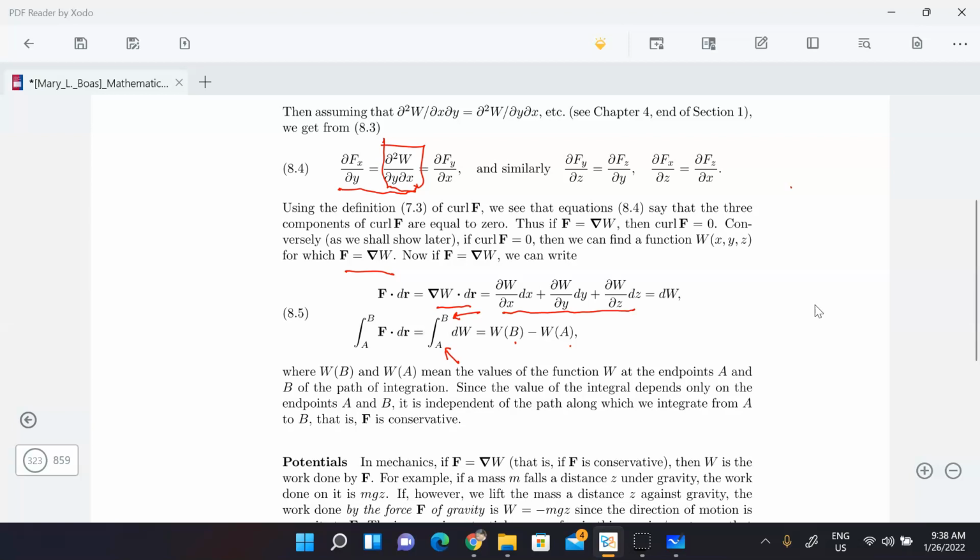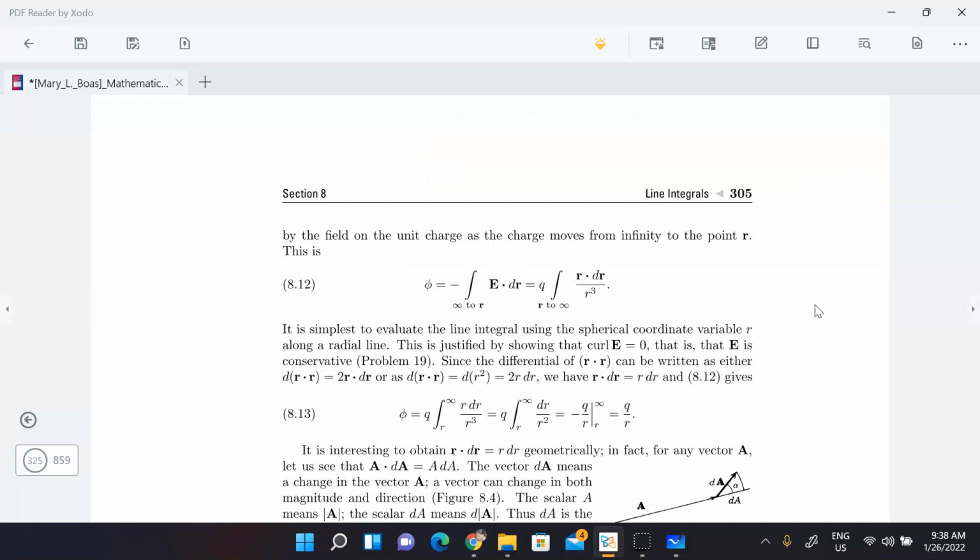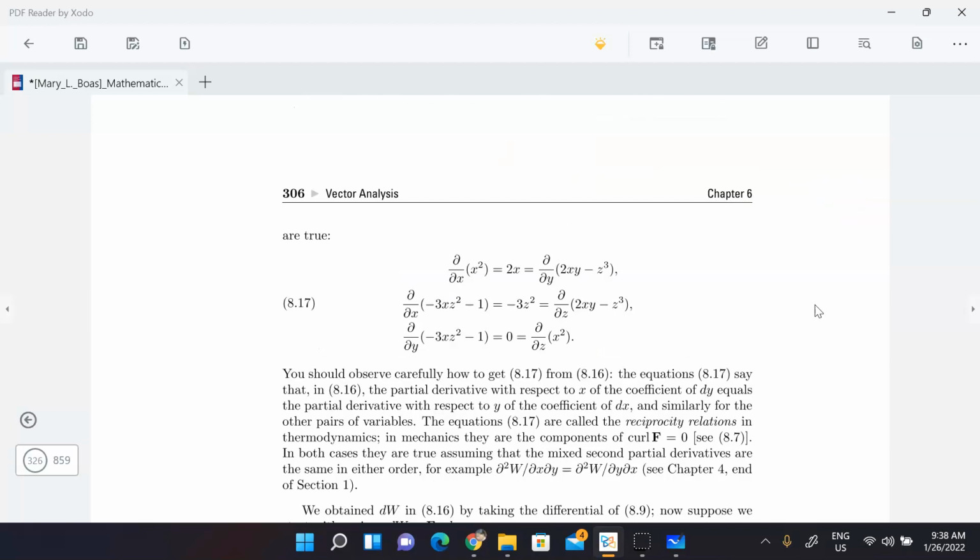It's sometimes called the reciprocity relation. Let me just check on the next page. Yeah, this is for a particular case. So you need to check that this is always true.